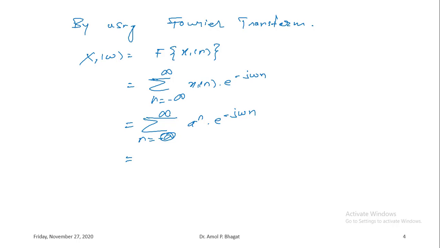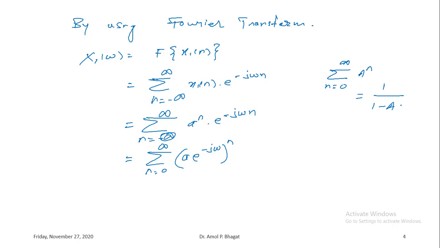So I will rewrite here. n equals 0 to infinity, a to the power n into e to the power minus j omega n. From this, you can take n common, so it will be a into e to the power minus j omega, whole raised to the power n, right? So we have seen the infinite geometric series, right? So summation n equals 0 to infinity of a to the power n is equal to 1 upon 1 minus a, provided mod a is less than 1, right?